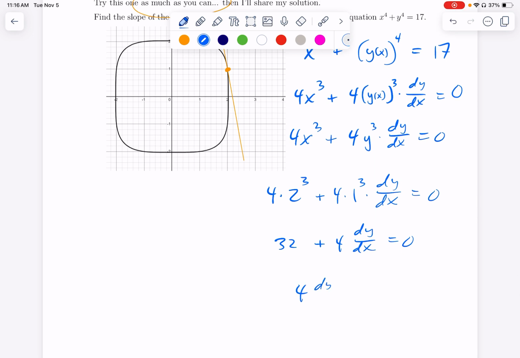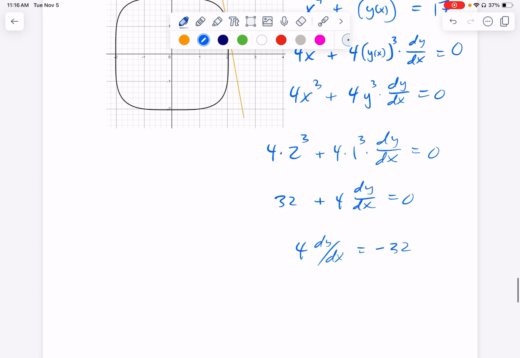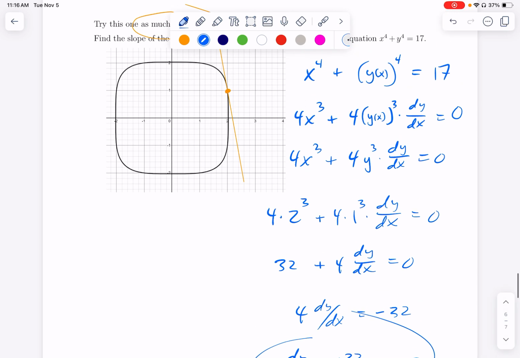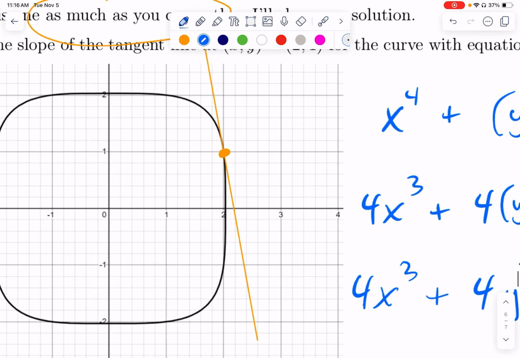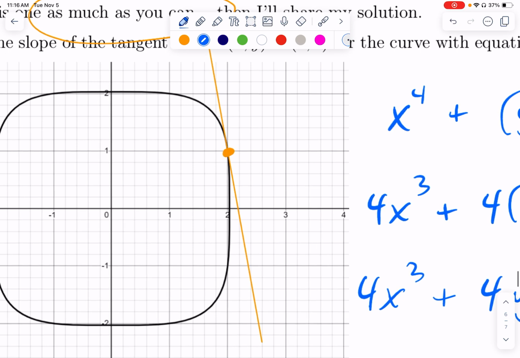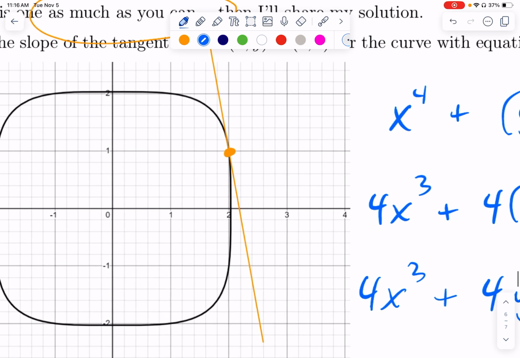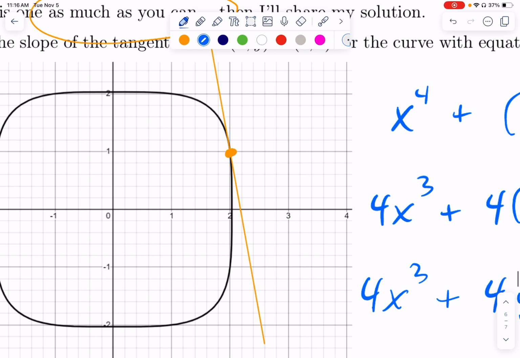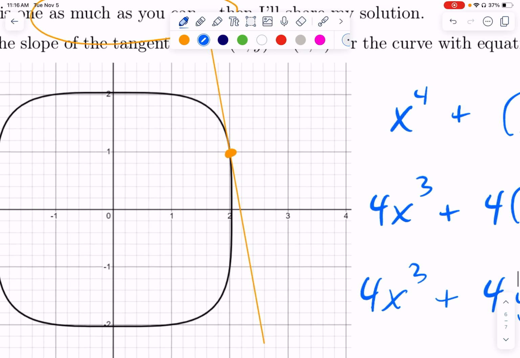So 4 dy/dx equals negative 32. And so our slope, at least at that point, is negative 32 over 4, which is negative 8. Looking at the graph, that seems very believable to me. It is a very sharp decline, very sharp decrease. So a rather big negative slope makes a lot of sense.